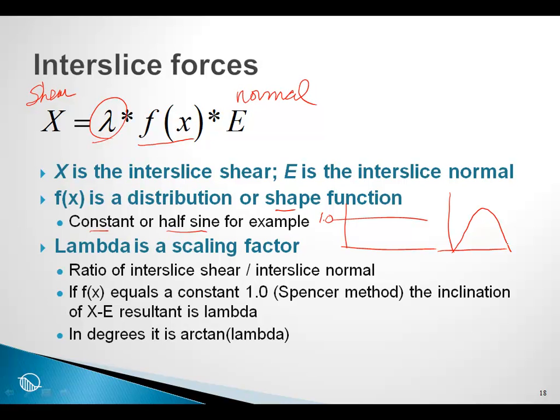If f of x is 1, in other words the Spencer method, the inclination of the shear normal resultant is lambda. Put another way, in degrees it is arctan lambda. So if we have a slice and we have some interslice normal and some interslice shear, then the angle of the resultant is lambda.